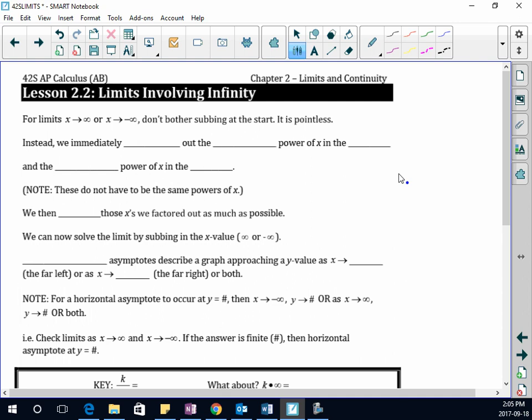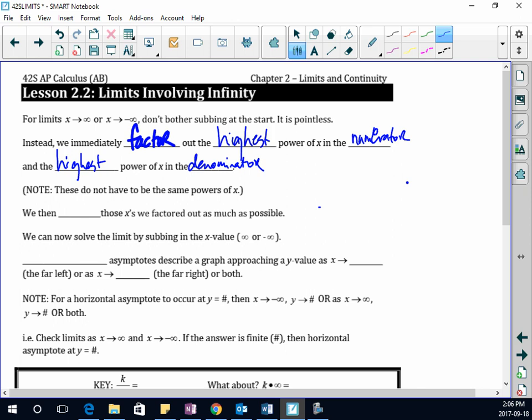So instead, we immediately factor out the highest power of x in the numerator and the highest power of x in the denominator.